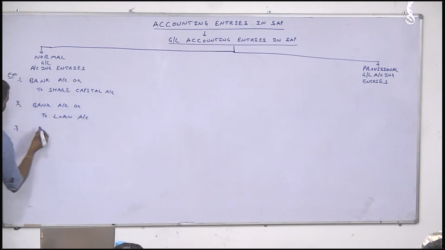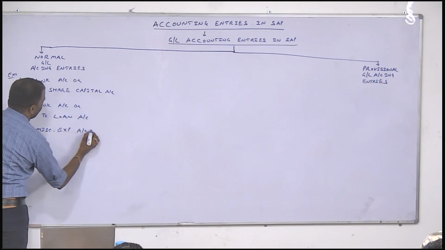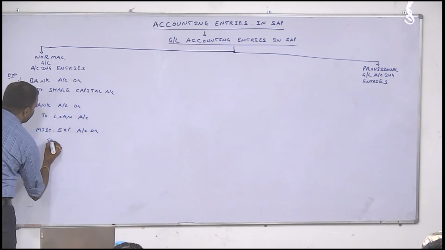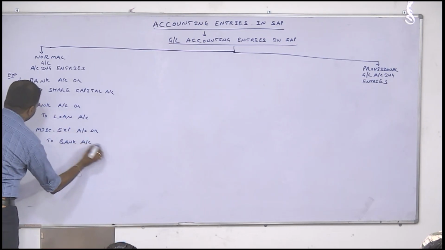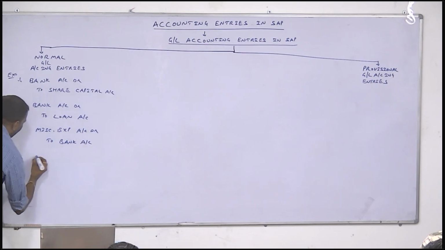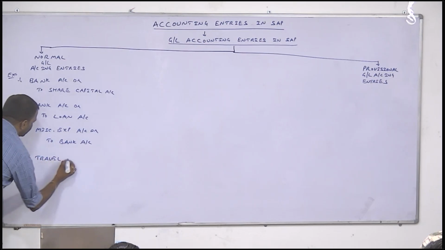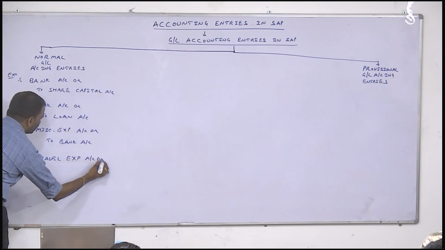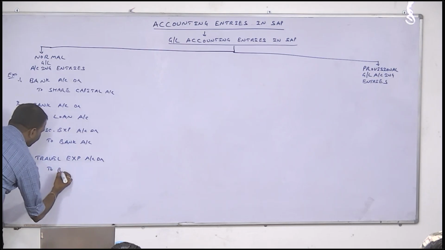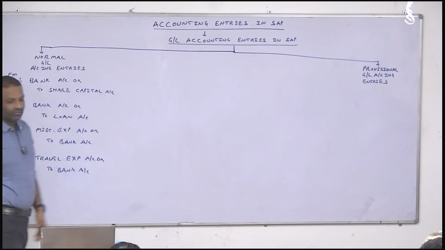Third one, any miscellaneous expenses account debit to bank account. Again, what is the next one? Traveling expenses debit to bank account.